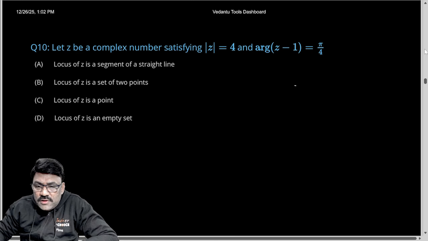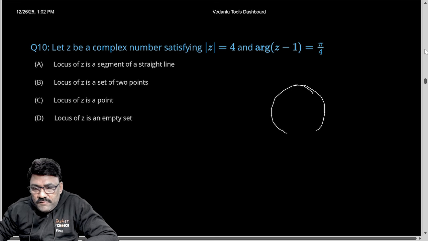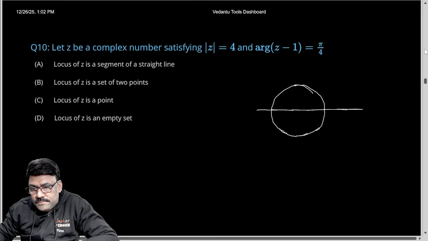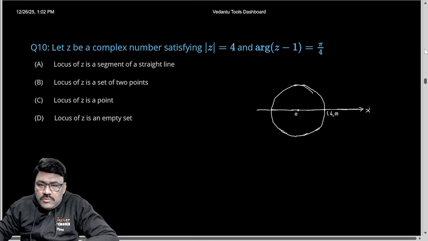So see mod Z is equal to 4. This is basically a circle having center at origin and radius 4. Radius is 4. This point is 4, 0. So this circle is mod Z is equal to 4.